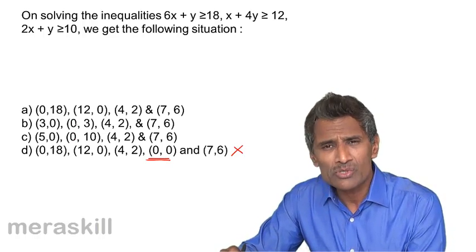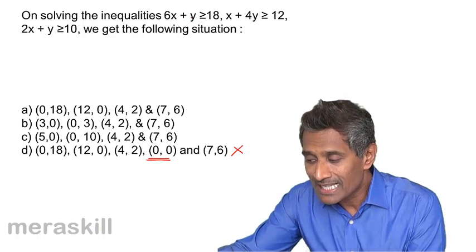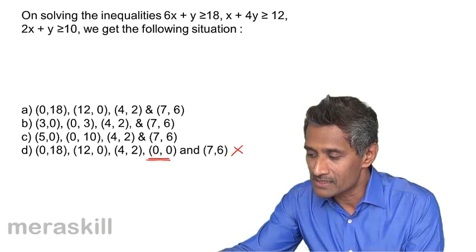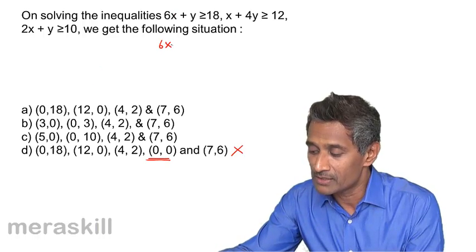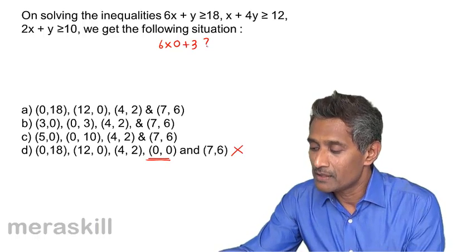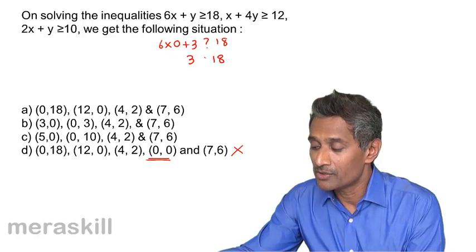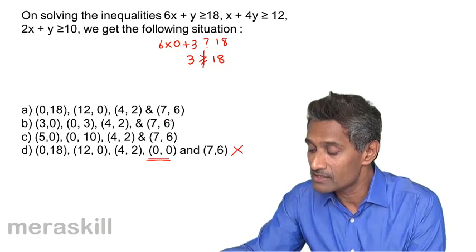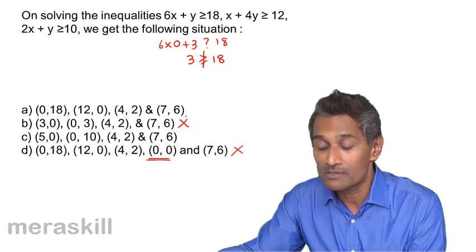So it sounds a little absurd that it will satisfy this inequation. Let us substitute this value. Say x is 0. So we have 6 into 0 plus 3, and 18. 3 is definitely not greater than or equal to 18. So this itself makes no sense. So this is out too.